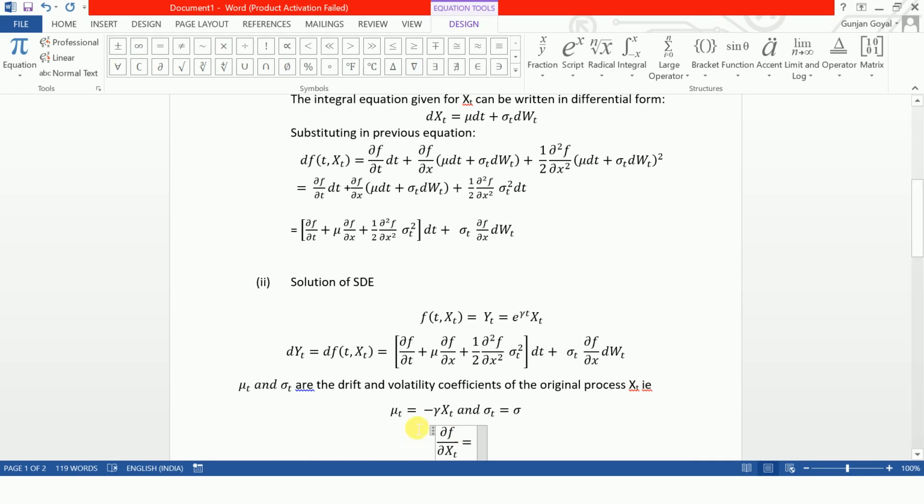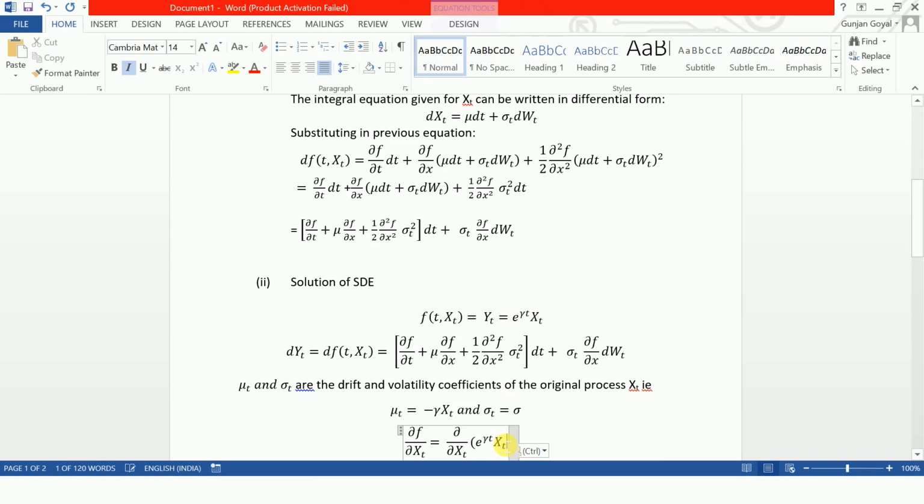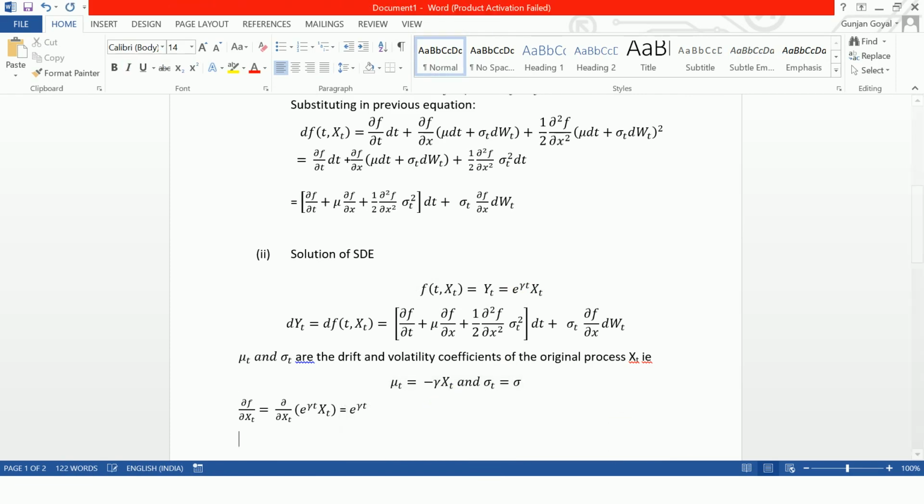I'm not writing del f del xt again, control V, just remove the f from here, and use arrow keys to come out of this. We need to write e to the power gamma t Xt, which is already written above. Just paste this, and equal to, this gives the answer e to the power gamma t, so just remove Xt from your answer. Okay, solving the partial derivative.